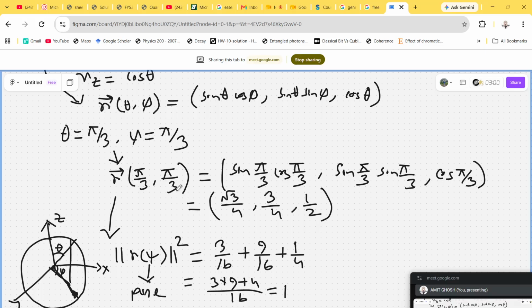And that's why it is 1. Later you will see that for a mixed state, it can lie inside the Bloch sphere also. In that case, it may not be 1, it should be less than 1. So only for a pure state, it will lie on the surface of the Bloch sphere.